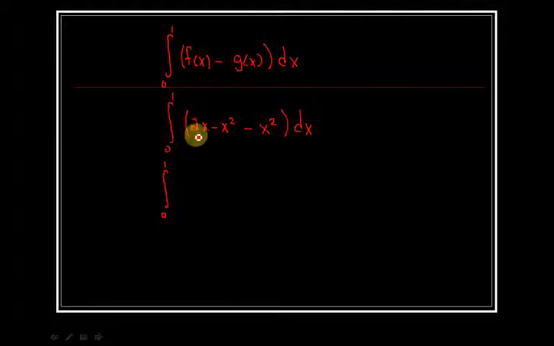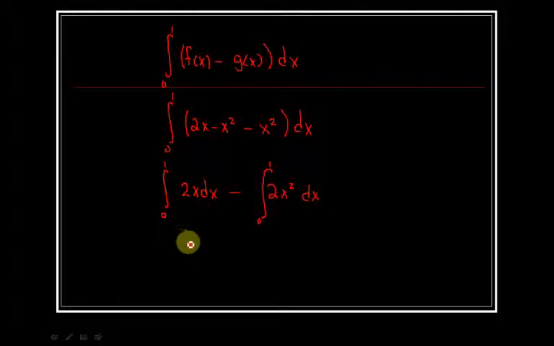The integral from 0 to 1 of 2x dx minus, since x squared plus x squared is 2x squared, the integral from 0 to 1 of 2x squared dx, and I have two integrations.